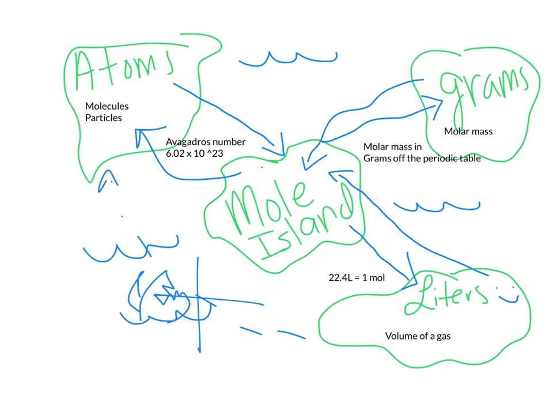Now, once we're on Mo Island, if we want to go to Adams Island, we have to use Avogadro's number. If we're on Mo Island and we want to go to Graham Island, we have to use molar mass. And if we're on Mo Island and we want to go to Leether Island, we have to use 22.4.